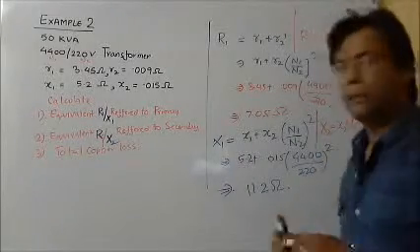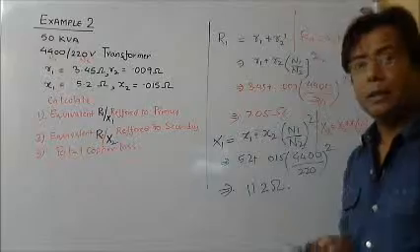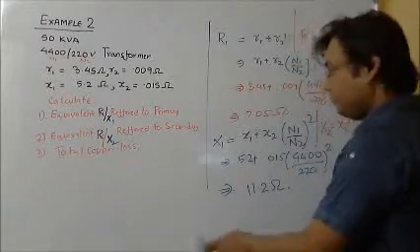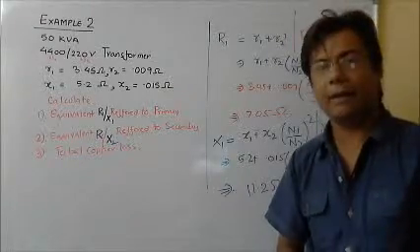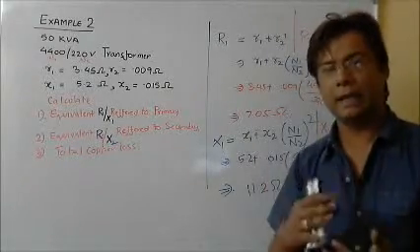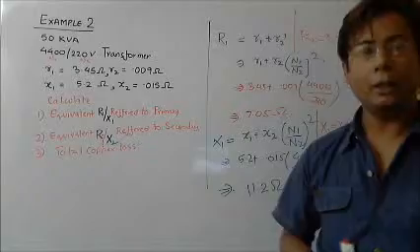We'll get this answer, or some other answer. This is how we'll be able to find the equivalent resistance and reactance referred to both sides, primary as well as secondary. Now we have to find the total copper loss.